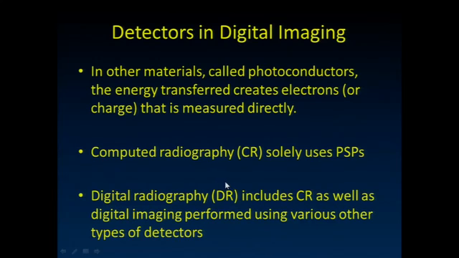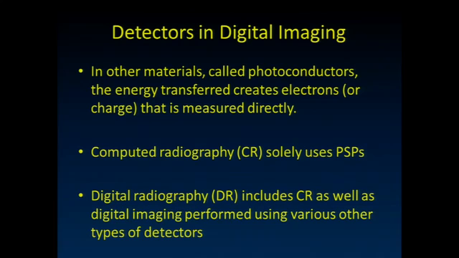In other materials, right, I want to move away now from scintillators and phosphors, called photoconductors, X-ray energy is directly converted to electrons, the flow of current. So that X-ray energy is directly converted through to current. We don't need this intermediate lower energy photons, visible light kind of photons.